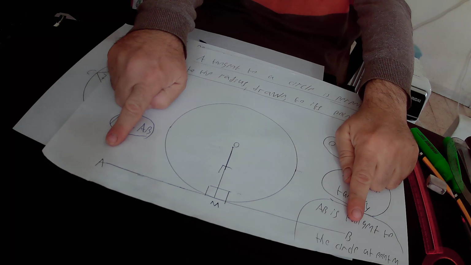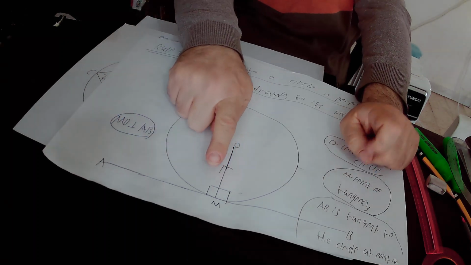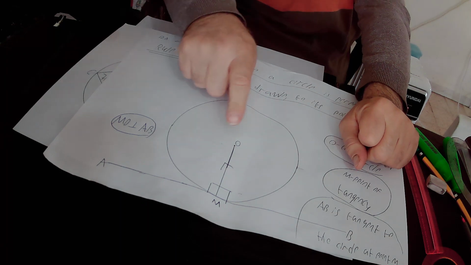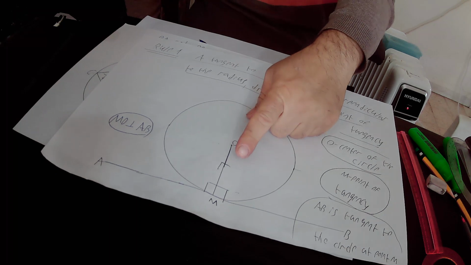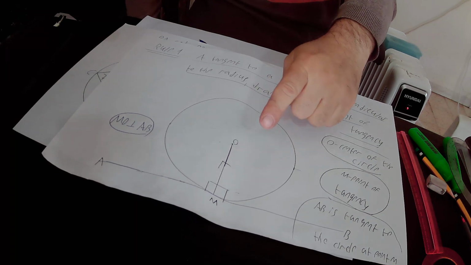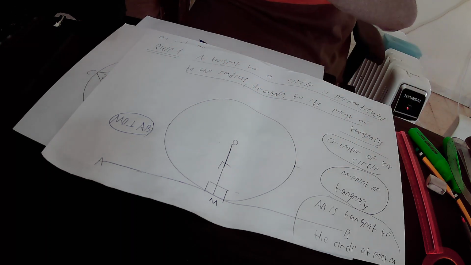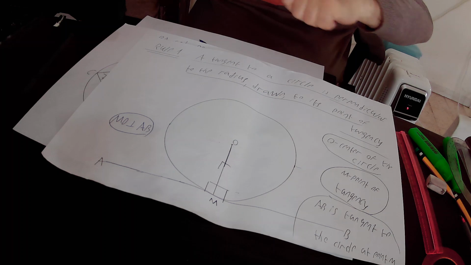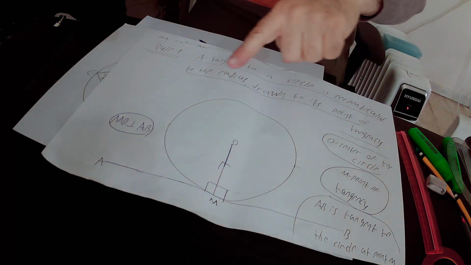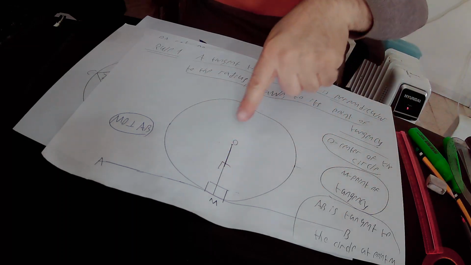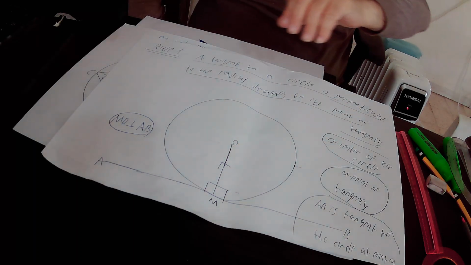This is tangent AB, which is tangent to this circle here at point M. Point M is the point of tangency of tangent AB with this circle, and we have the radius OM, which is equal to R. The radius OM is drawn to point M, the point of tangency of tangent AB with this circle. And whenever you have a radius drawn to the point of tangency, then tangent AB will be perpendicular to the radius MO. If AB is perpendicular to MO, it means that this angle equals 90 degrees, and this angle also equals 90 degrees according to rule 1.